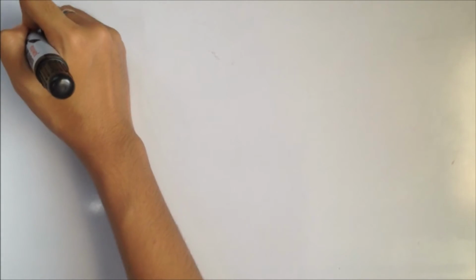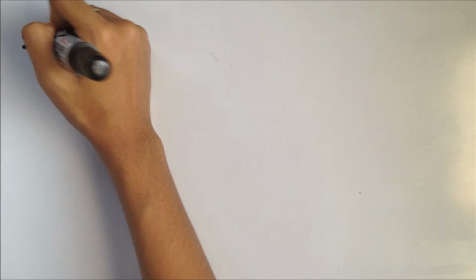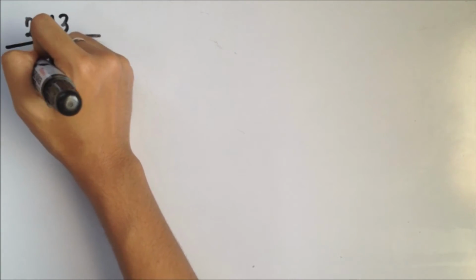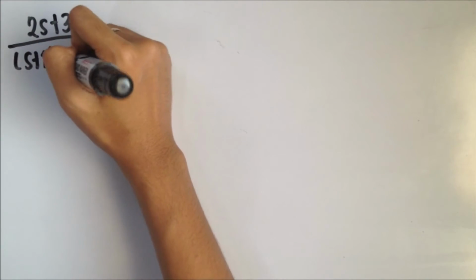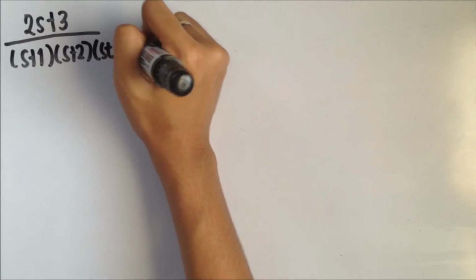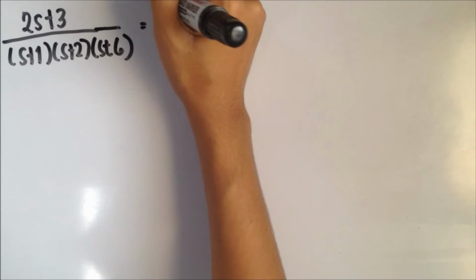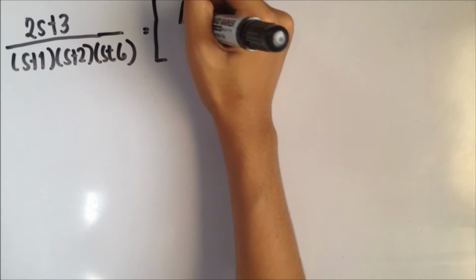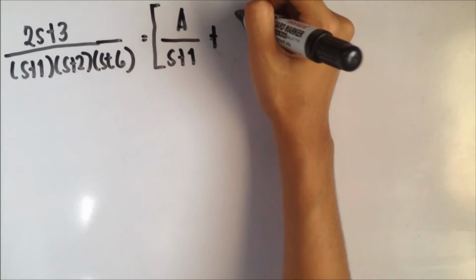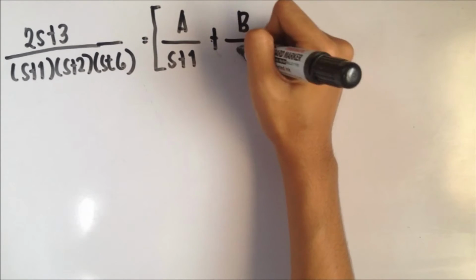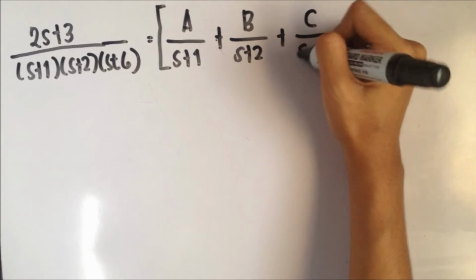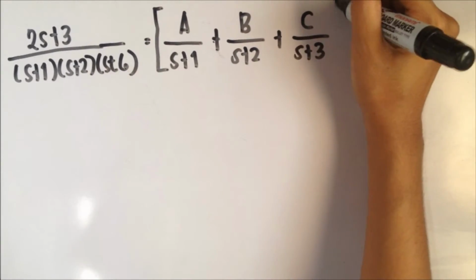So we have 2s plus 3 all over quantity of s plus 1 times quantity of s plus 2 times quantity of s plus 6. It can be written in the form of a over s plus 1 plus b over s plus 2 plus c over s plus 6.